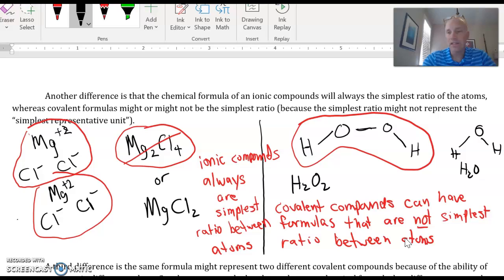What's inside of this arrangement is the simplest unit of a water molecule, and if you count up the atoms, it happens to be the simplest ratio between atoms. But if you do that here, with the simplest unit of hydrogen peroxide, and you count up those atoms, it doesn't give you the simplest ratio between atoms.